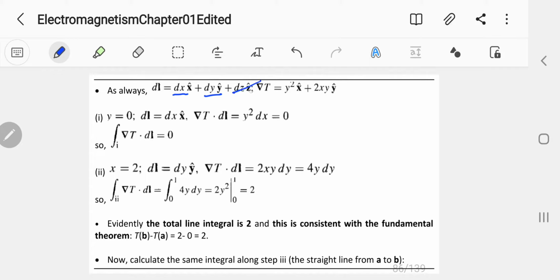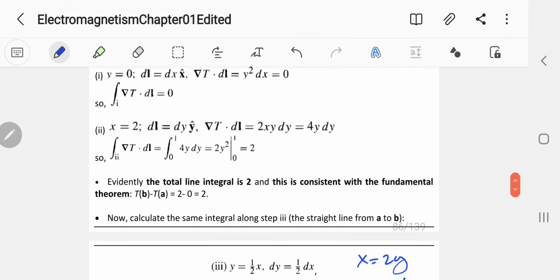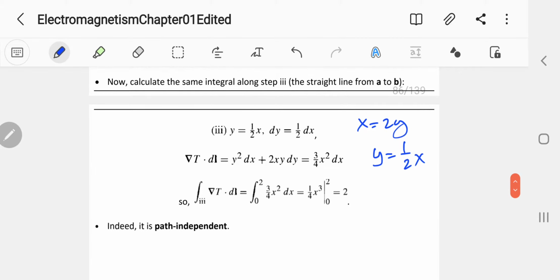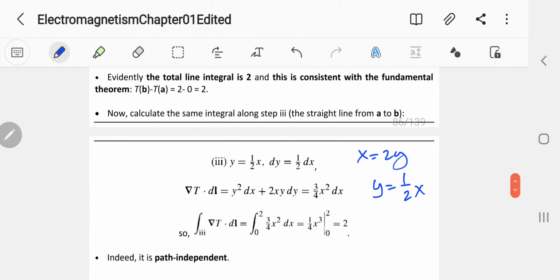Of course, z is equal to 0 again, so you can just leave that. So now, if you dot the gradient of t with the dl, then you will get this.